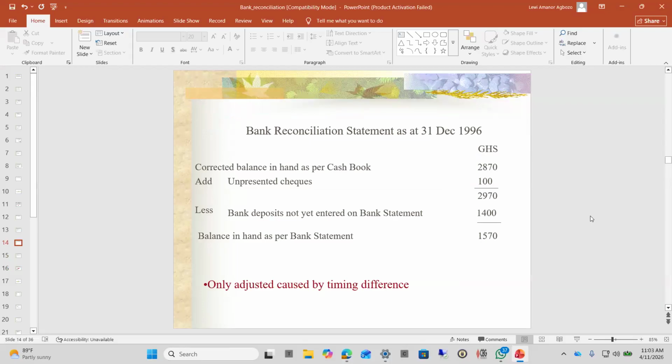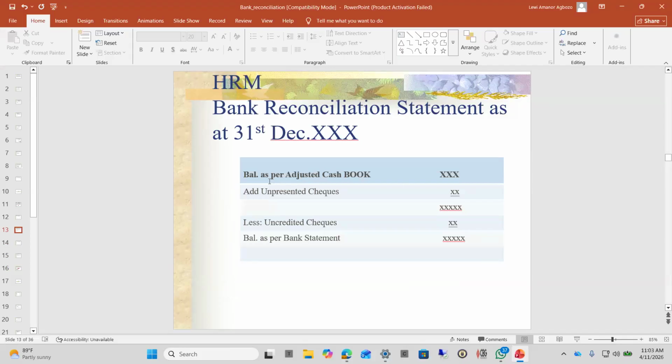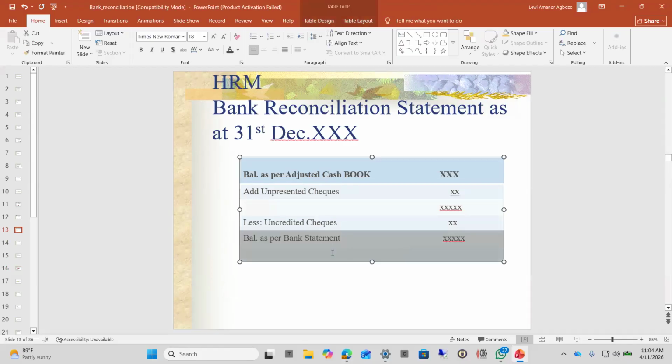I want to ask you something. You see that from here, we said balance as per adjusted cash book. And then we added what? What did we add to it?